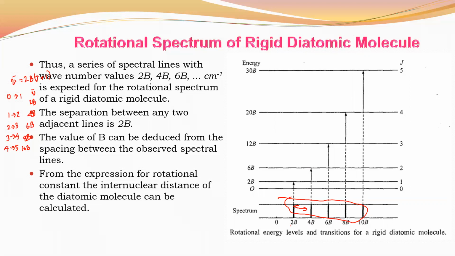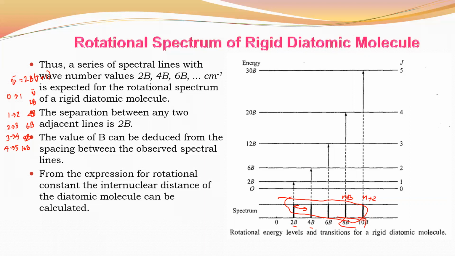Here in this figure, it is labeled as 2B, 4B, but in an actual spectrum we get only some lines, so there is no writing below. Just consider two lines. Let it be some nB and the next line, if it is nB, what will this quantity be?